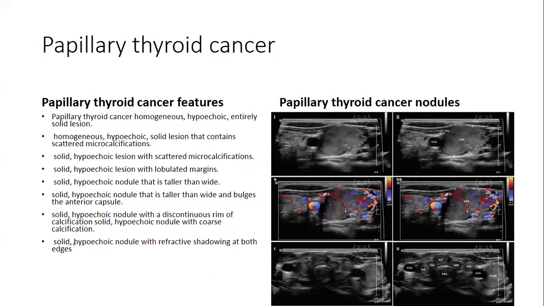Then you can have a hypoechoic lesion with lobulated margins. You can also have a solid hypoechoic nodule that is taller than wide. Then you can have a solid hypoechoic nodule with a discontinuous rim of calcification, or a solid hypoechoic nodule with coarse calcification. Then a solid hypoechoic nodule with refractive shadowing at both edges.